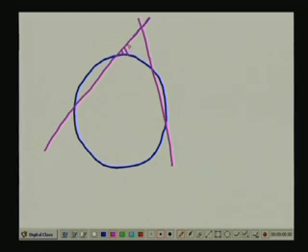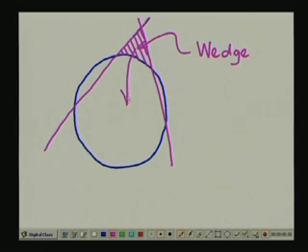Then, as soon as the tunnel opening is made, this particular wedge of rock is going to fall over into the opening that is made.